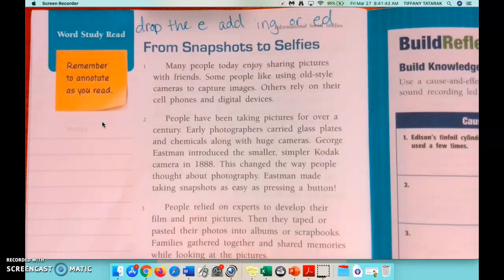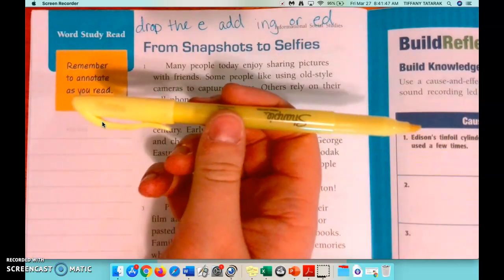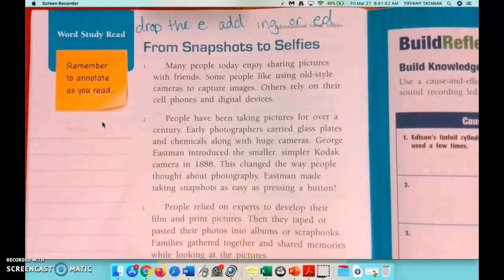If you can find your highlighter or a light colored marker or colored pencil, that's going to be your best shot for this. We're going to be looking at where we need to drop the E at ing or ed to a word.